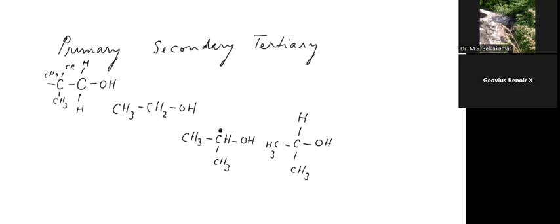The carbon bearing the functional group is attached to 2 more carbons. That is why this is called a secondary carbon. And the alcohol is called secondary alcohol. So, the carbon to which the functional group is attached is attached to 2 more carbons. So, this is secondary alcohol.